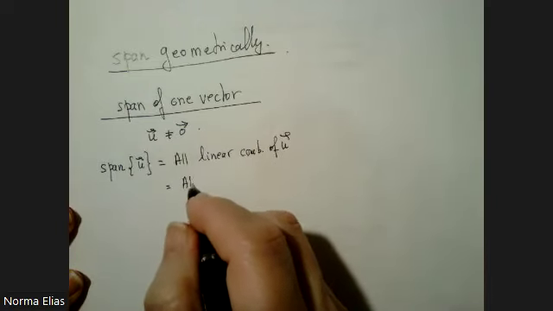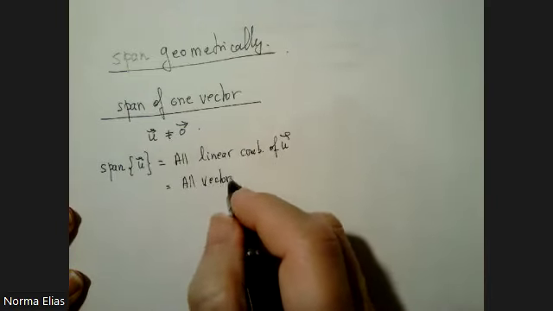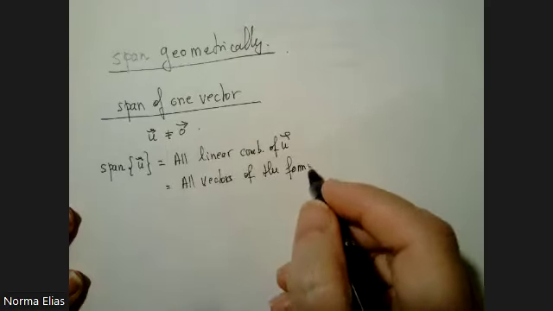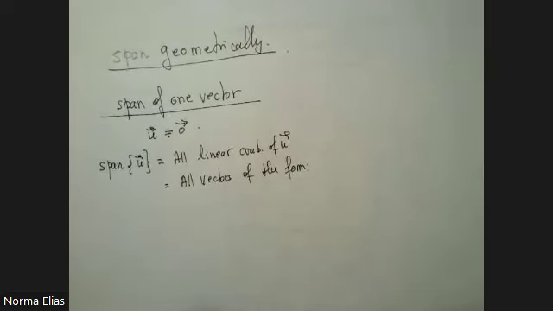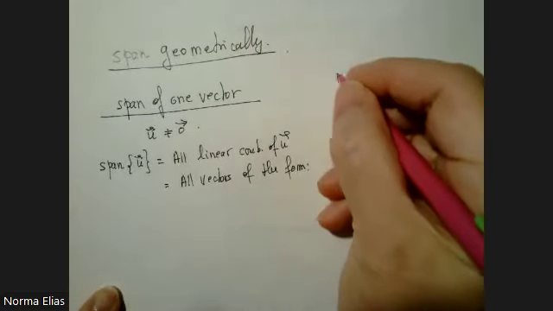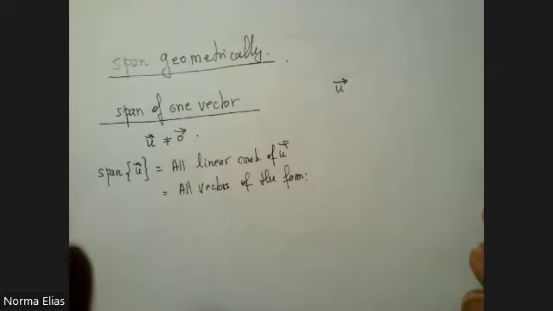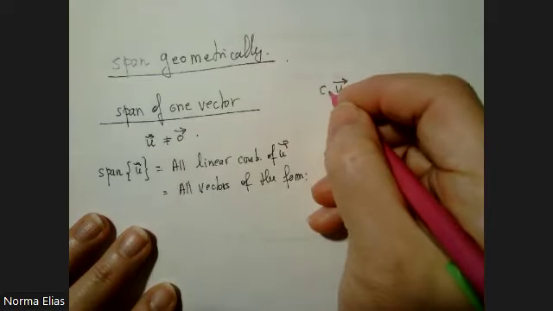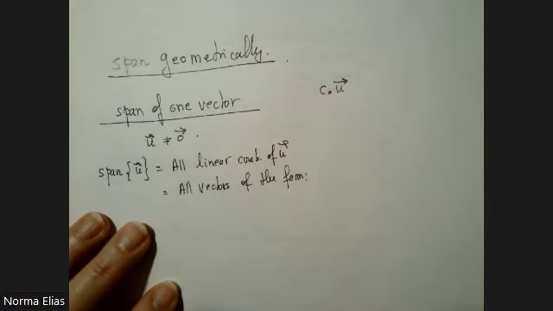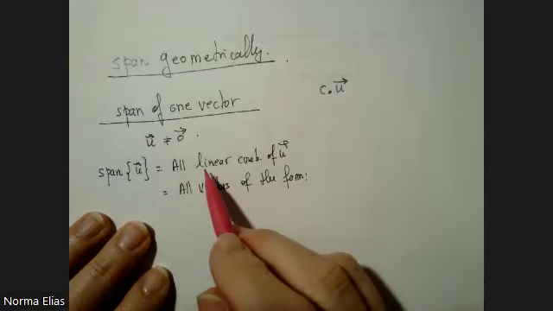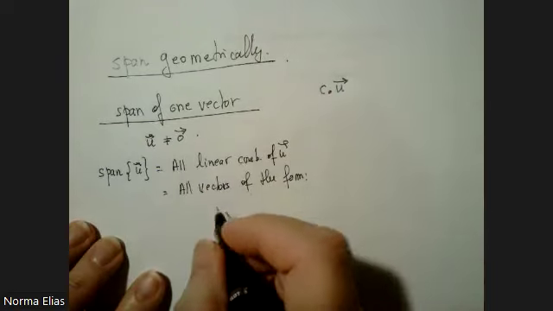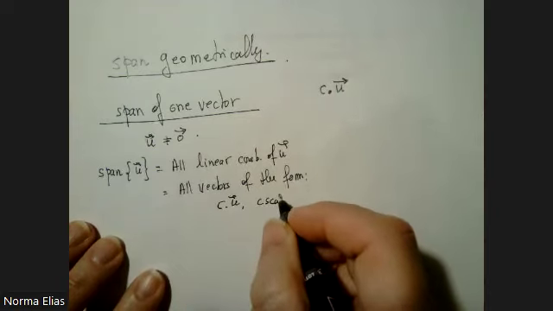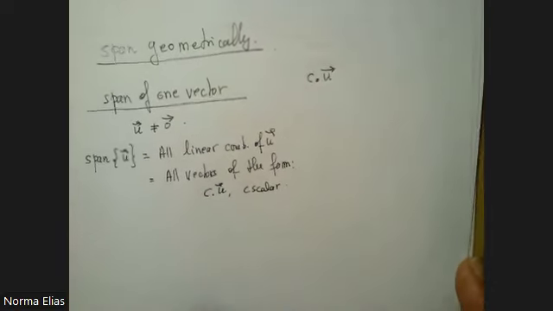Means all vectors of the form, okay, what are the form of a vector? If I have one vector u, what's a linear combination of one vector? It means every scalar multiple of this vector. So if I have one vector, it means all vectors of the form c times u, where c is a scalar. So algebraically, that's the span of u.